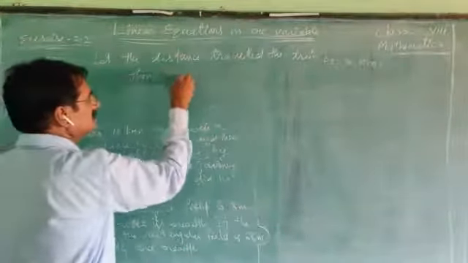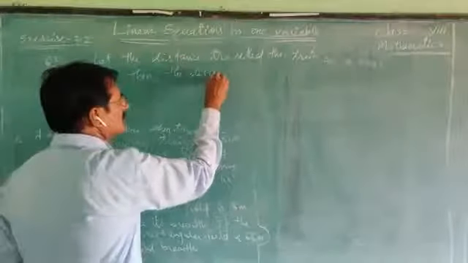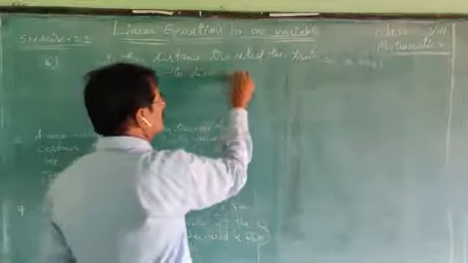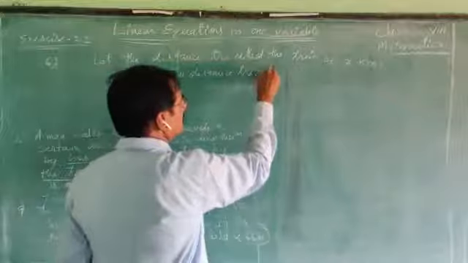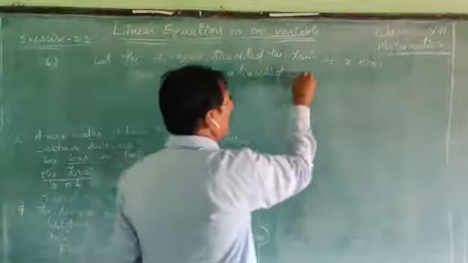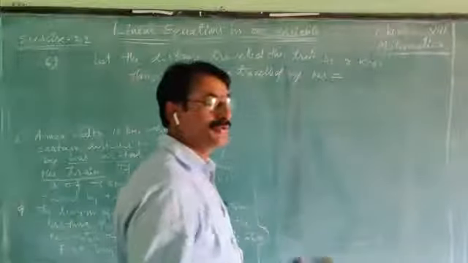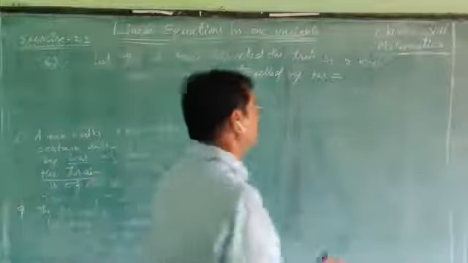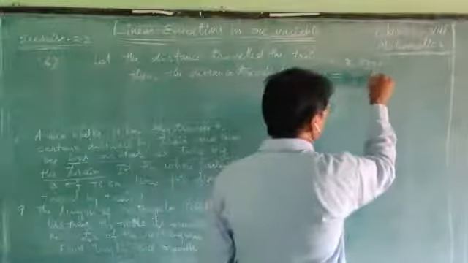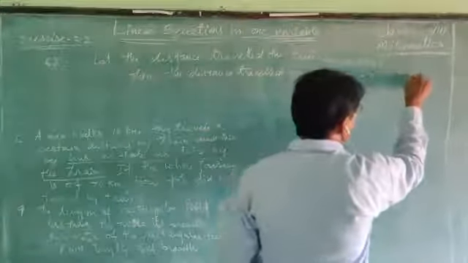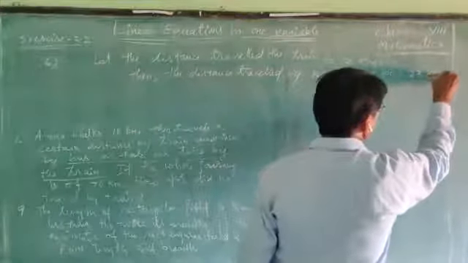The distance by bus equal to 2 times the distance traveled by train. 2 into x kilometers equal to 2x kilometers.